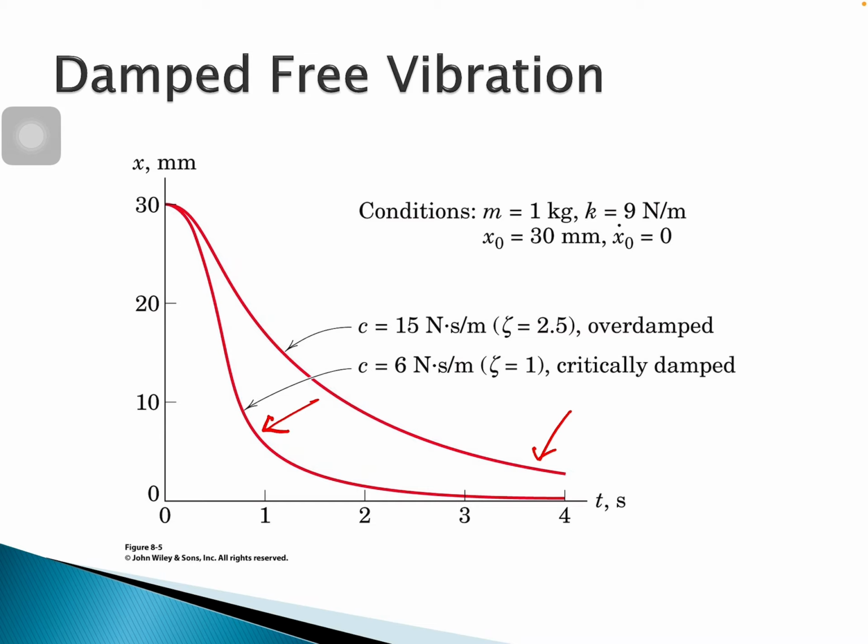Each system has its own critical damper, and this is the fastest. We cannot go faster than this. If we lower the damper, we will get the underdamped category, and sometimes we don't want underdamped, because I will show you after this what the underdamped category is.